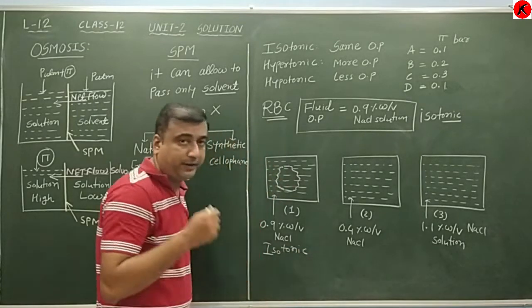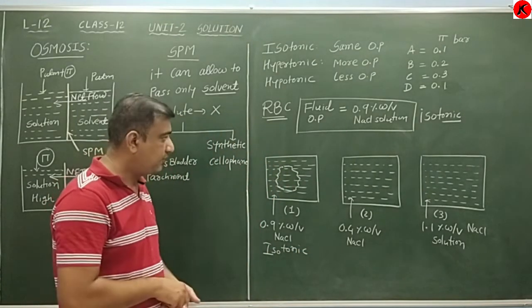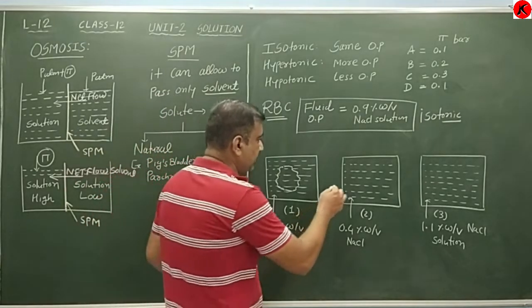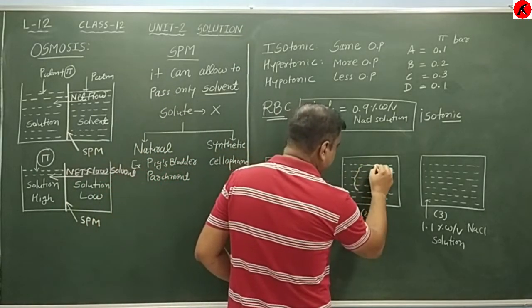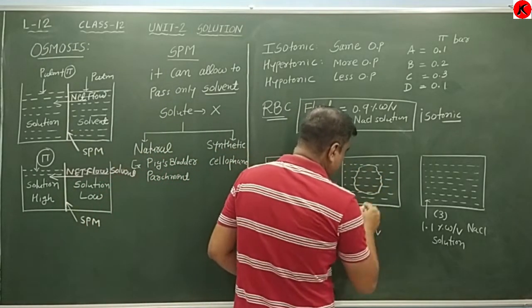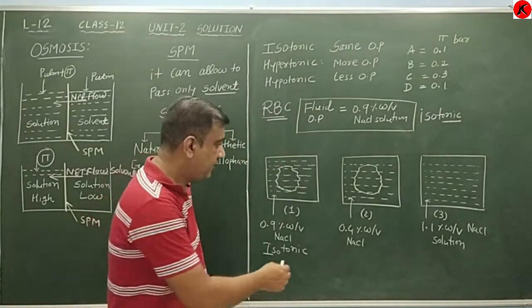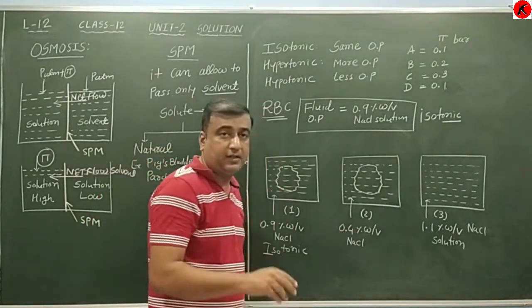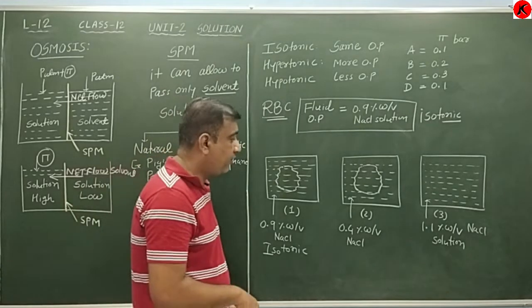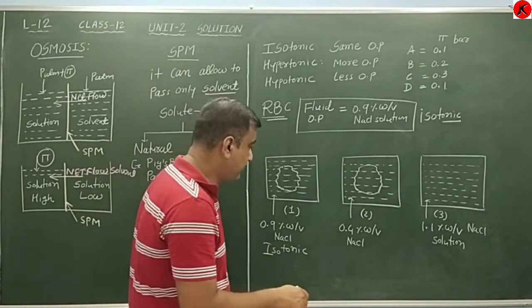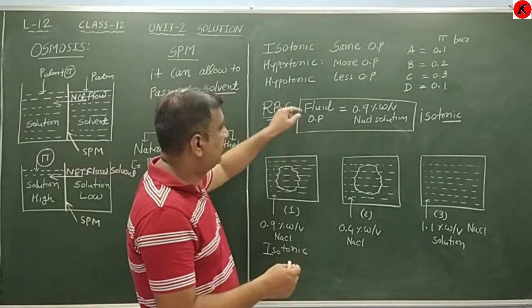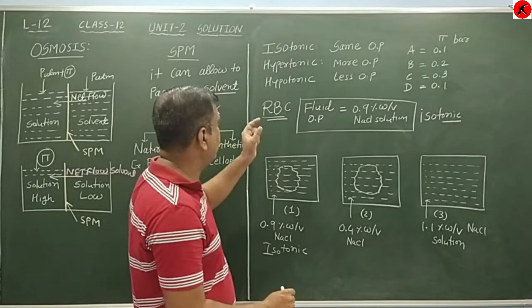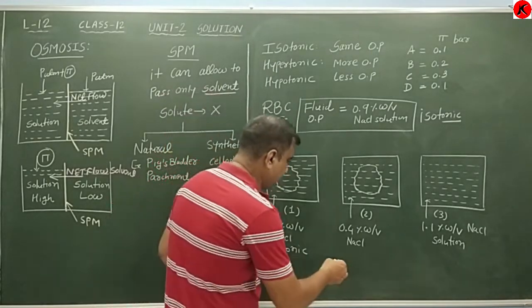We have kept the RBC in an isotonic solution. Now again the second case, concentration is lower. That means obviously osmotic pressure will be less. That means we have kept RBC in a hypotonic solution.